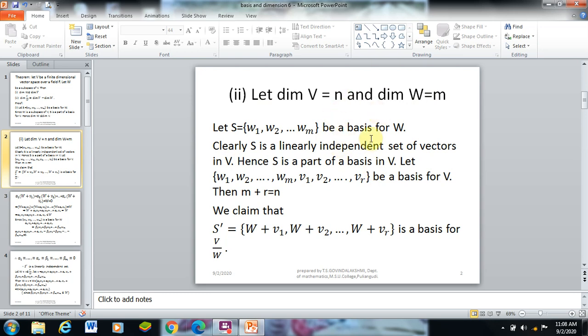So S is a linearly independent set of vectors in V, and S is a part of the basis in V.